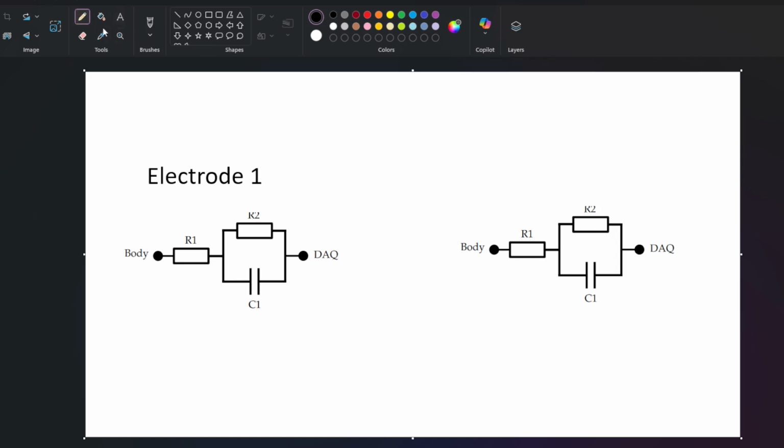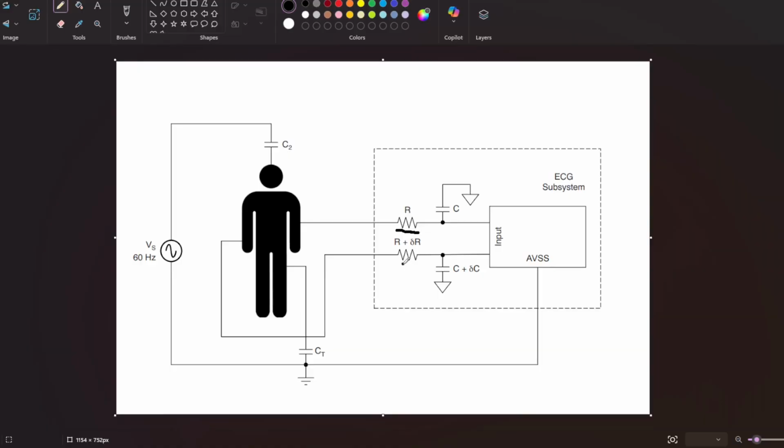The problem is that the two paths are never exactly the same. The electrodes do not have the same impedance, the cables are not identical, and the protection circuits and filtering components also introduce small mismatches. Because of these differences, the interference is slightly modified on each input path.